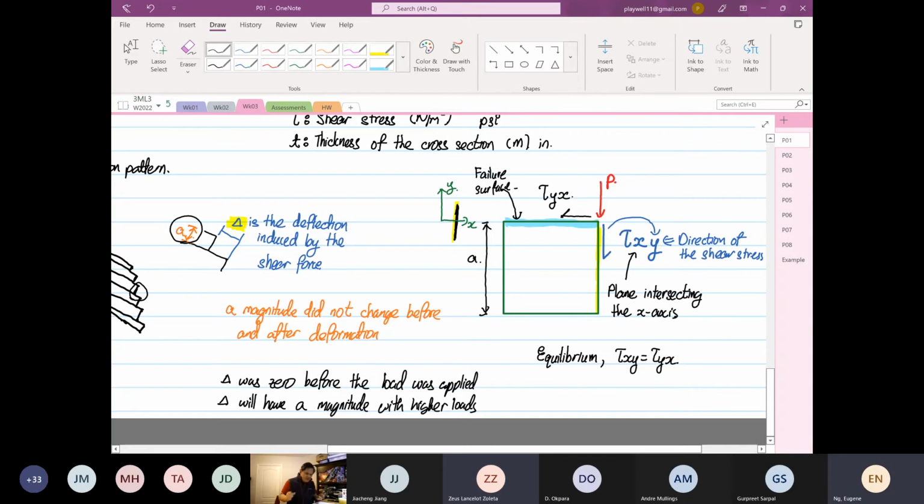So for this reason, now you can see why failure will occur on the horizontal surface. This surface is what we calculate, our calculated and analyzed surface. Because of equilibrium, shear xy is equal to shear yx.